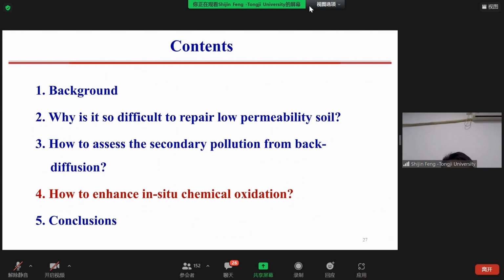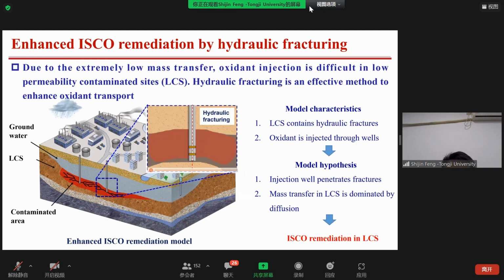In order to solve the secondary pollution problem, the key point is how to enhance the in situ chemical oxidation in LCS. Due to the extremely low mass transfer, oxidant injection is difficult in LCS. Hydraulic fracturing is an effective method to enhance oxidant transport.